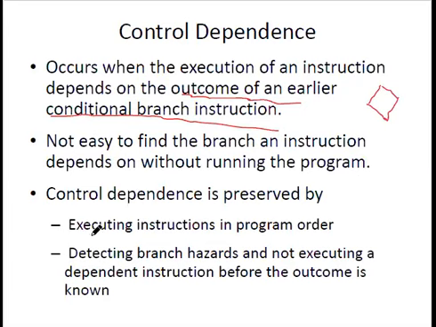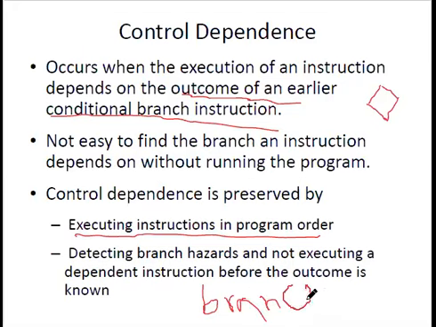Control dependence is resolved by executing instructions in program order and detecting branch hazards, not executing a dependent instruction before the outcome is known. This sets the stage for the technique known as branch prediction, which handles control dependence.